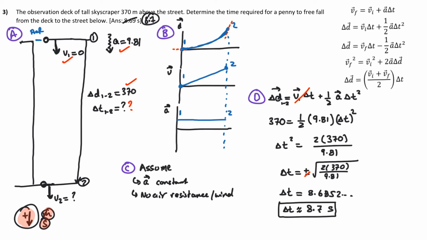And let's talk about the evaluation, especially taking away our assumptions. So if we're assuming that there's no air resistance, so if there was air resistance, then as this object is going down, it's going to be resisted by the air particles that are hitting the penny as it's going down, and it's going to slow it down a little bit.